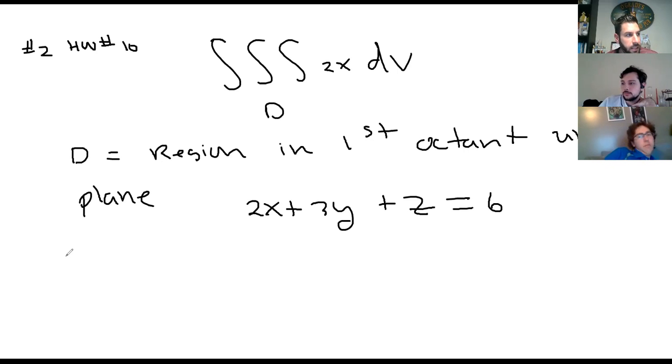If I set z equal to 0, I get a line in the xy plane. Sometimes it's useful to get an idea for the picture by doing that. For example, when x and y are 0, what is z? You could set two variables equal to 0 and get your intersection points. So let's show how you might construct that.